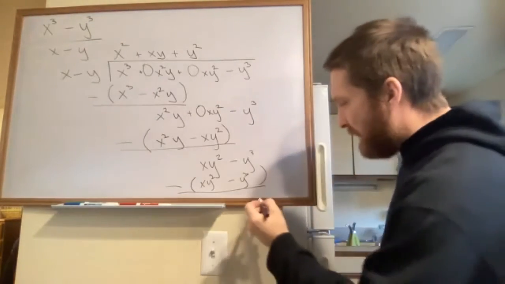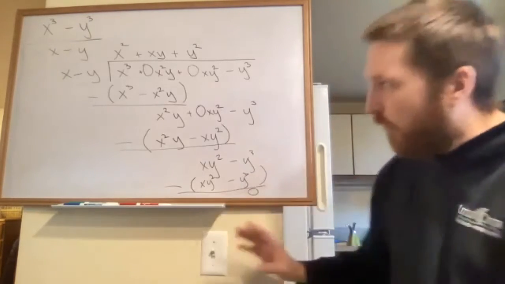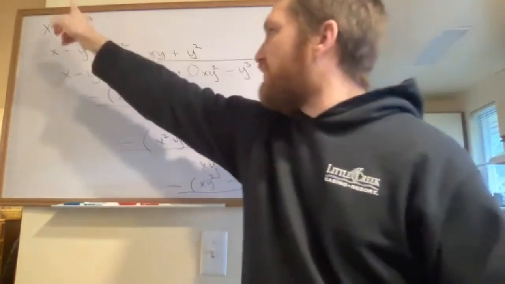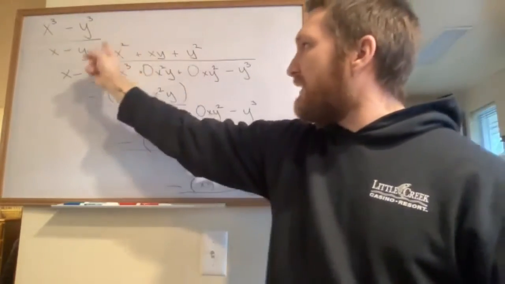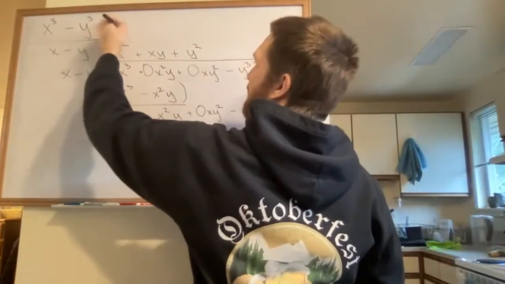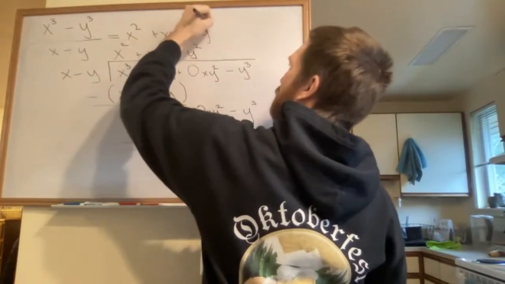So we're at a 0. We should have no remainder. Therefore, this thing divided by that thing should equal that right there. So I claim that that equals x squared plus xy plus y squared.